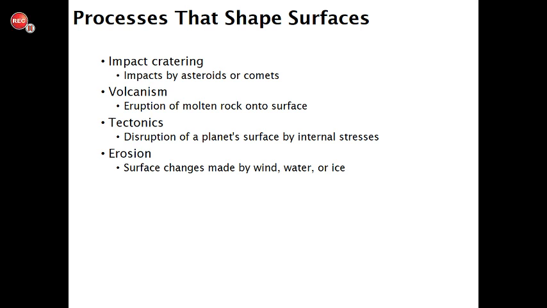The interior can also put stress on the surface, and so you'll see bending, formation of mountains and valleys and such. That's tectonics. And then you can have wind and water and ice erode the surface.